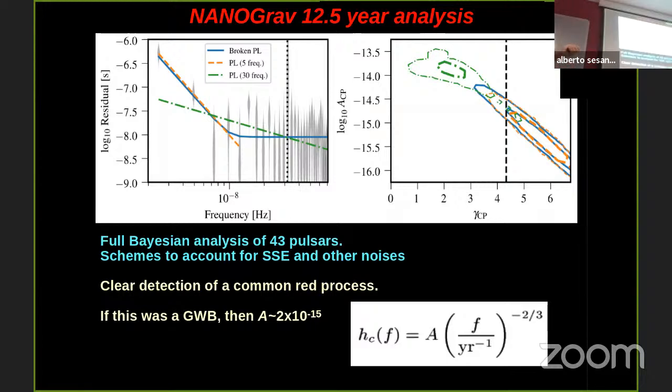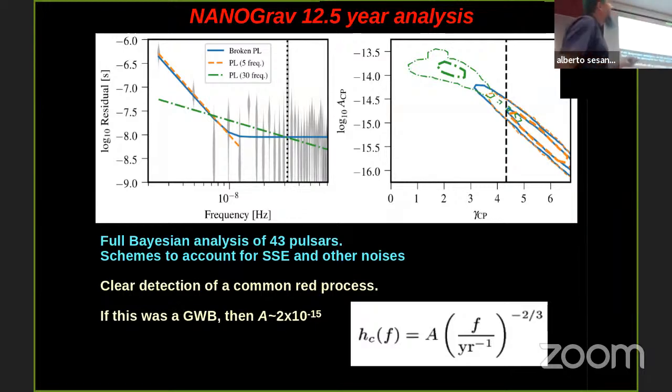If you take a stochastic gravitational wave background with an amplitude and a slope, you can put the measurements of the power law slope and amplitude that you get on a plot, and this is what they get. This is the slope of the power law, and this is the amplitude. There is a technical thing here: the slope here is 3 minus 2 gamma, where gamma is this. So minus 2/3 here is minus 4.33 here, and this is where you would expect a stochastic gravitational wave background to be.